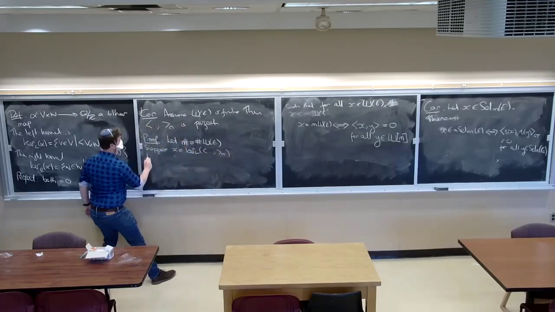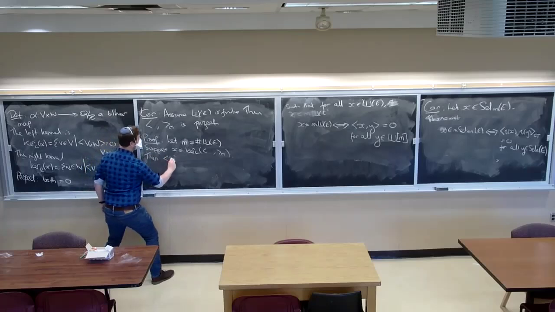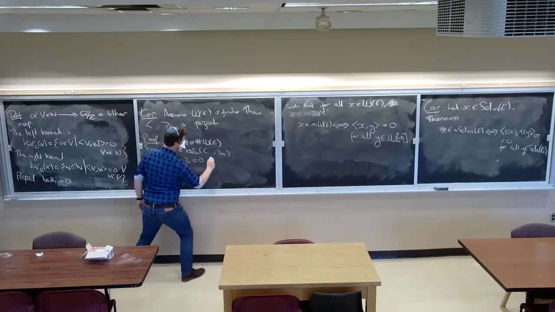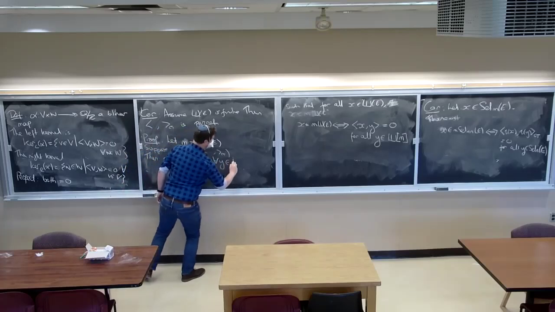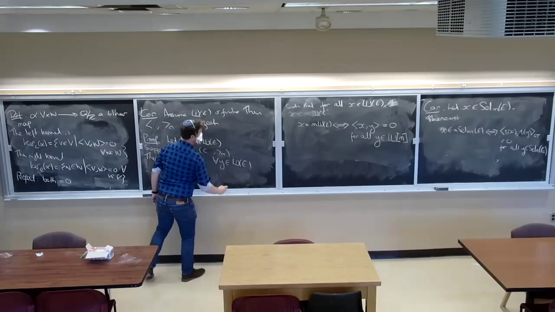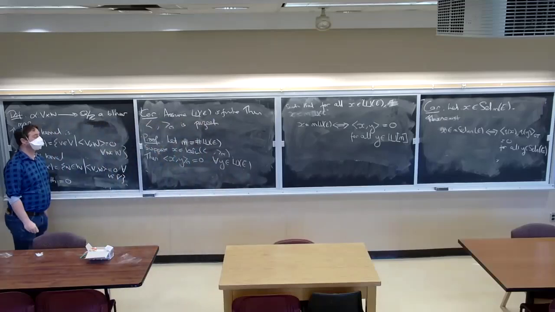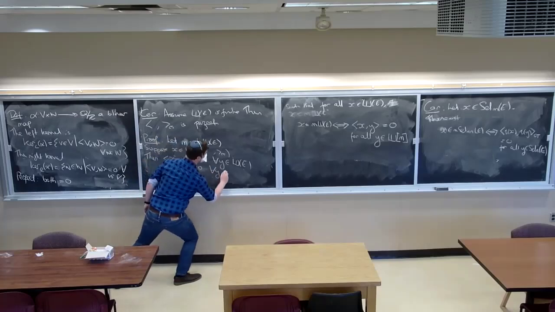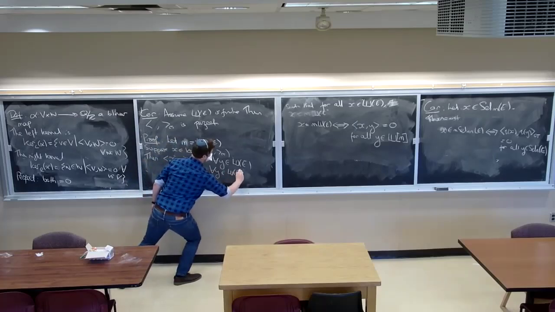Then by definition, if I pair X with Y, this is equal to 0 for all Y in Sha E. And in particular, it's equal to 0 for all Y in the m-torsion of Sha.